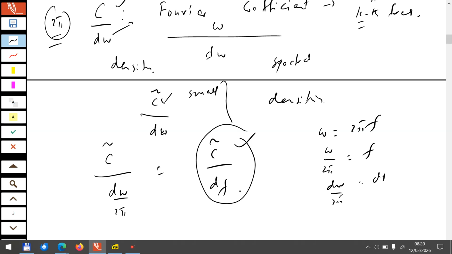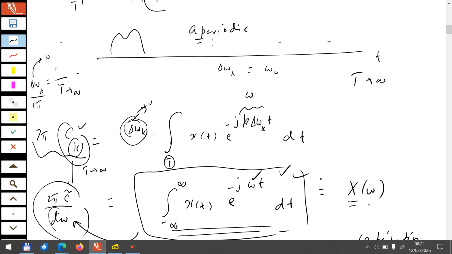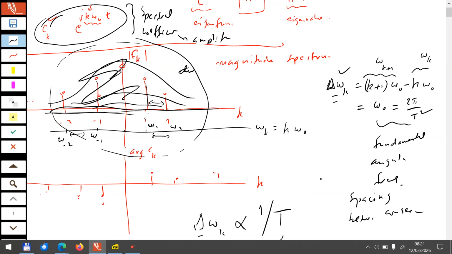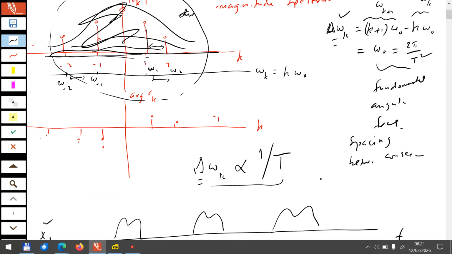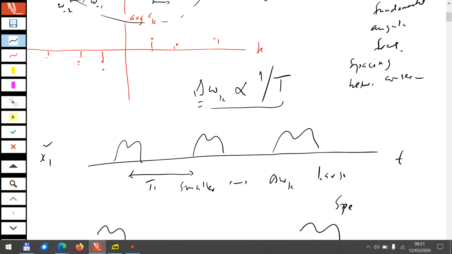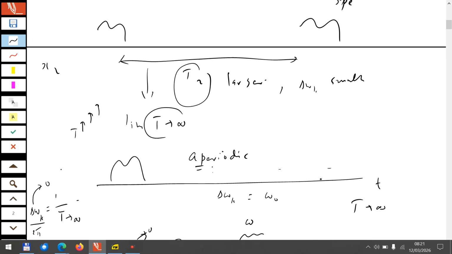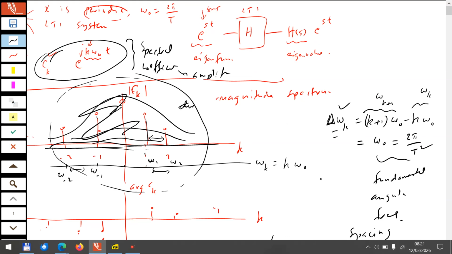So that was the big picture, and I don't think you can turn this discussion into computations. This was only a motivation for why we need the Fourier transform. We were comfortable with the idea of Fourier series, but that was limited to periodic functions. We wanted to use the same idea for aperiodic functions.